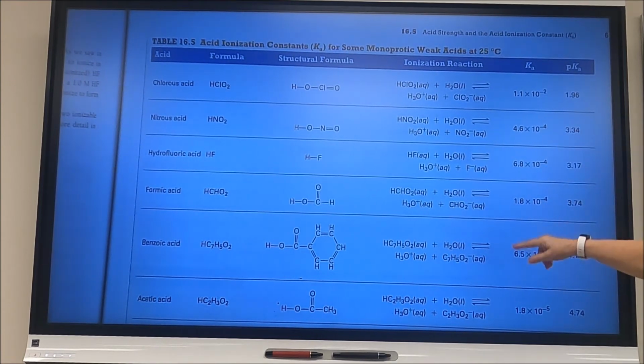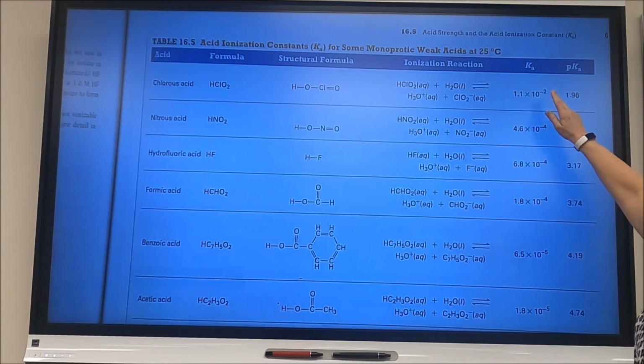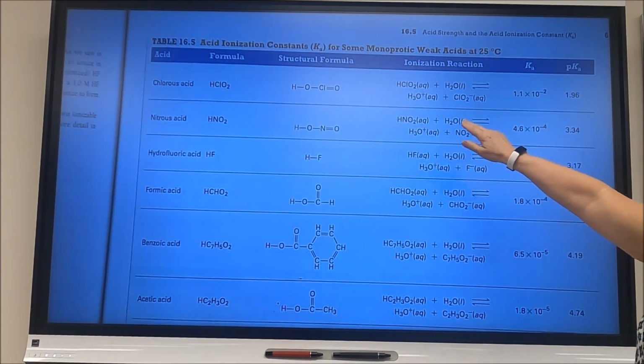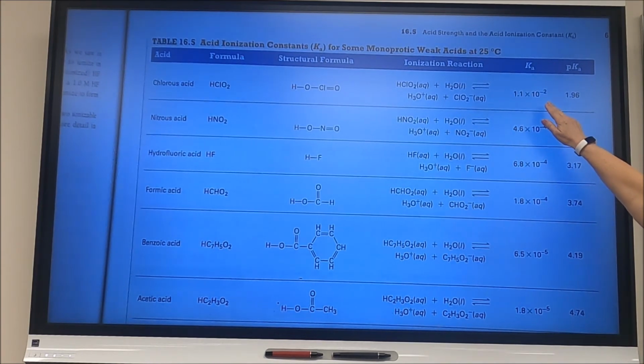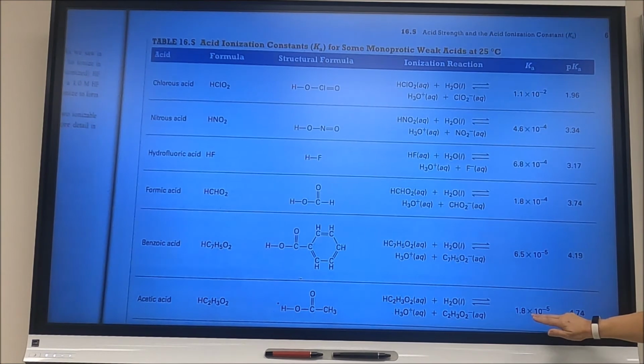If I were to look at just the acids that are showing here, of these 6 acids, the strongest acid in the group is hypochlorous acid because it has the largest Ka. The weakest in this group is acetic acid, and the strength of the acid decreases as we're going down the list here.